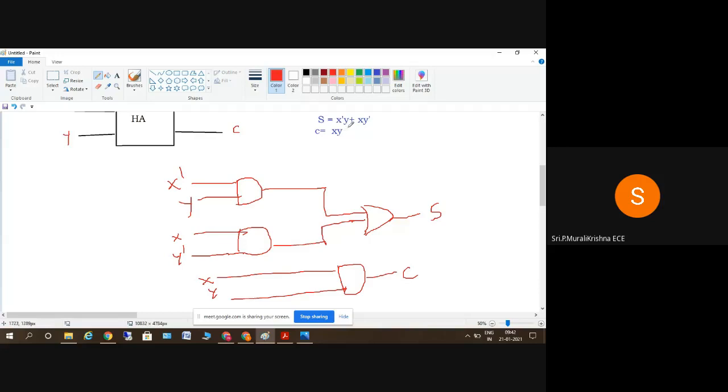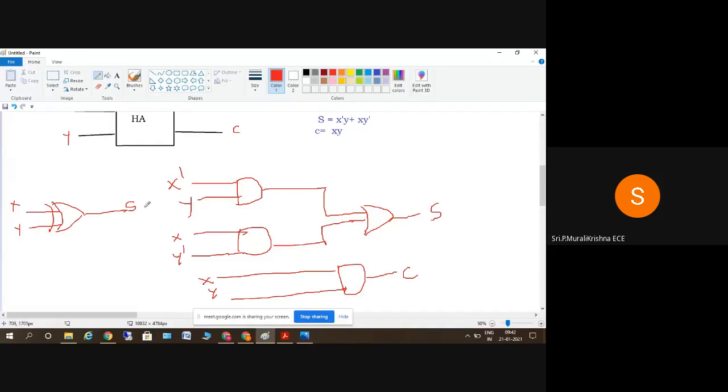And what we can do here is implement this with the help of an XOR gate also, right? This is x bar y plus xy bar, so this is the XOR gate symbol, the XOR gate function. So we can implement it with the XOR gate also. I give the inputs x and y to the XOR gate, so sum will be equal to xy bar plus x bar y.